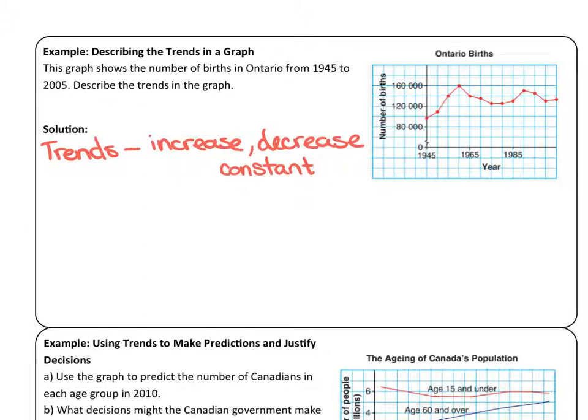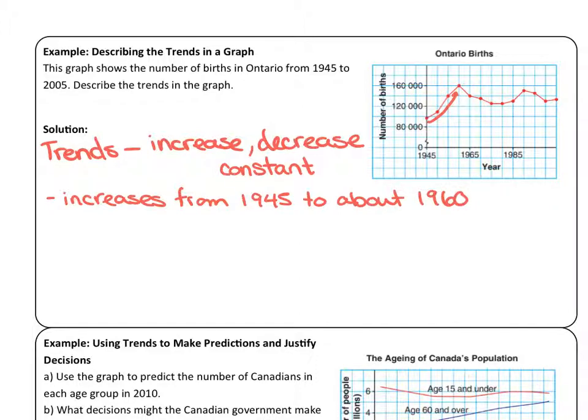So if we look at our graph, it is increasing right there. So I'm going to say that increases from 1945 to about 1960. Then what happens?